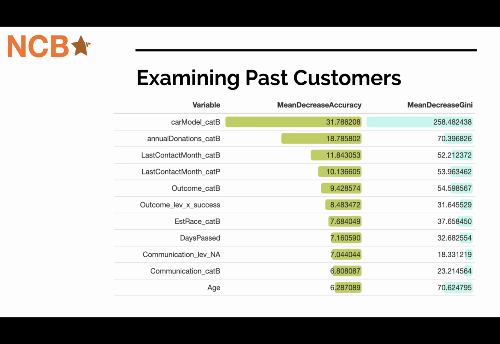We'll be talking more about random forest and what the method entails later in this presentation. But for now, this table gives us an indication of what traits are important to the outcome of acceptance. The different columns represent different but complementary ways of determining importance. Basically, the larger the number, the more important the variable is in determining the likelihood of acceptance.